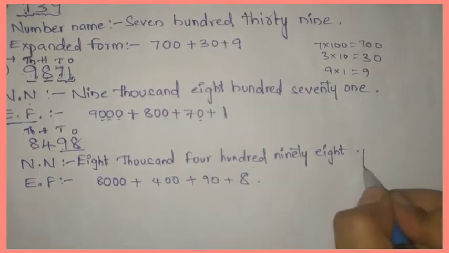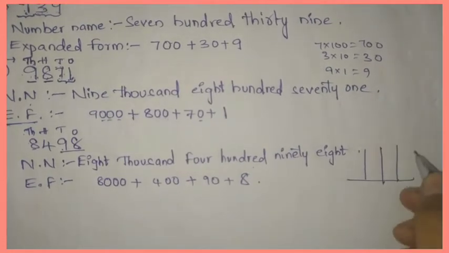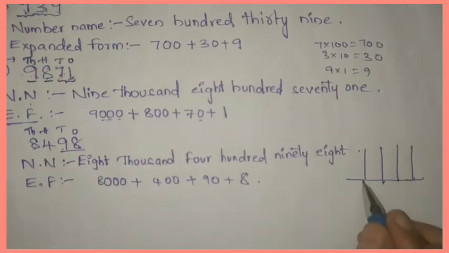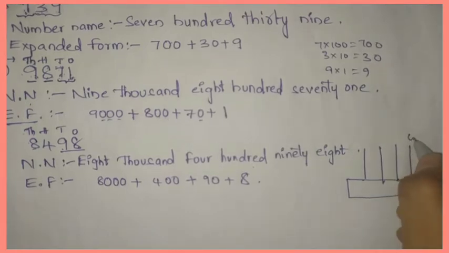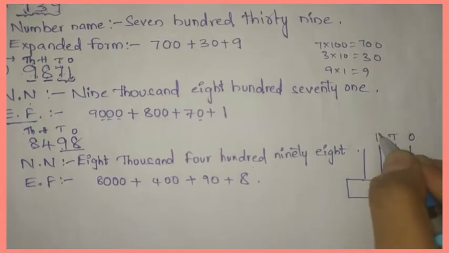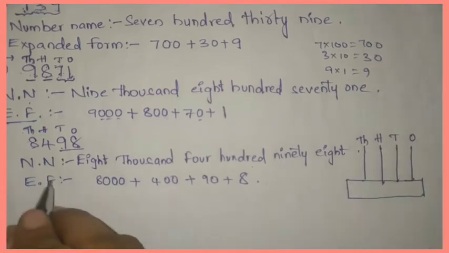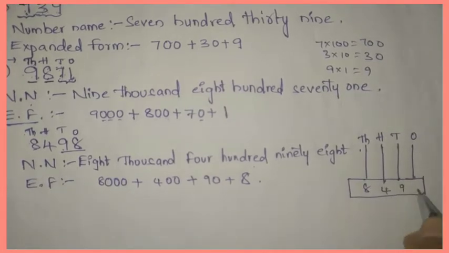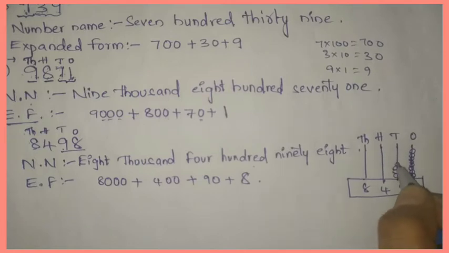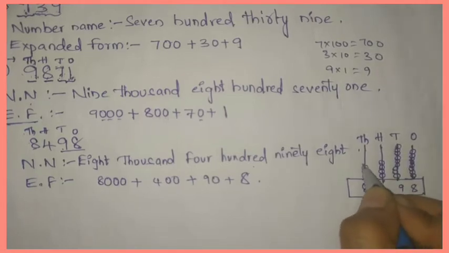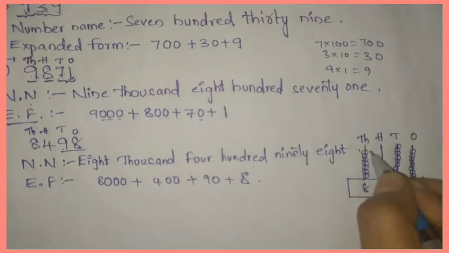We also learnt how to draw abacus. If it is a 4-digit number, we have to take 4 sticks. Okay, this is abacus. This is 1 stick, 10 stick, hundreds, and this is 1000 stick. 8, 4, 9, 8.